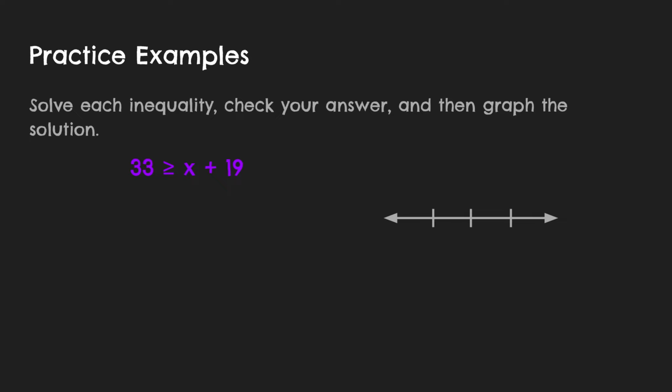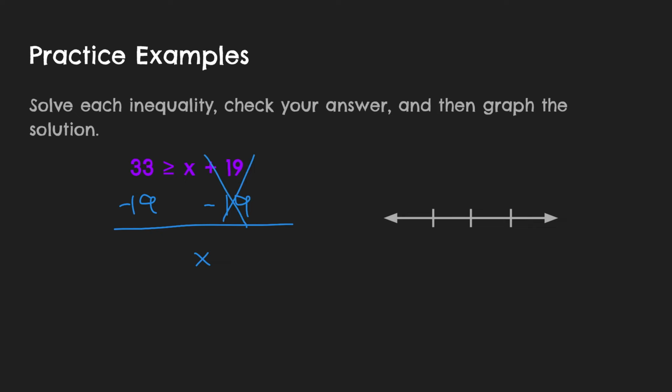All right, so we have x plus 19 is less than or equal to 33, or 33 is greater than or equal to x plus 19. So since we're adding 19, I'm going to subtract 19 on both, keeping it balanced. That leaves x by itself over here because these cancel out.